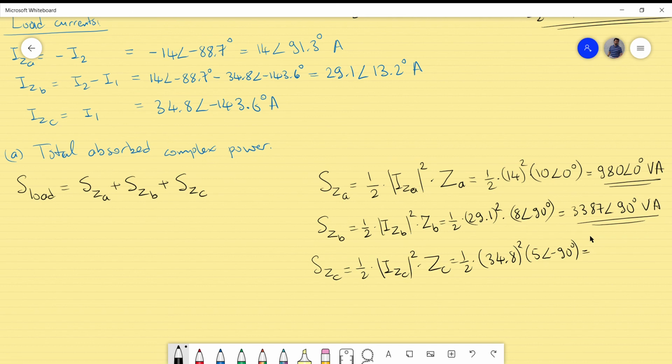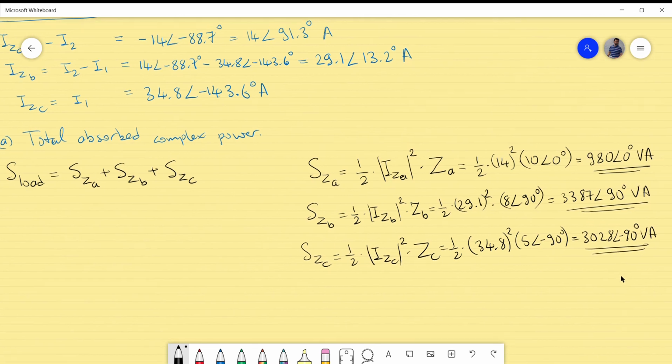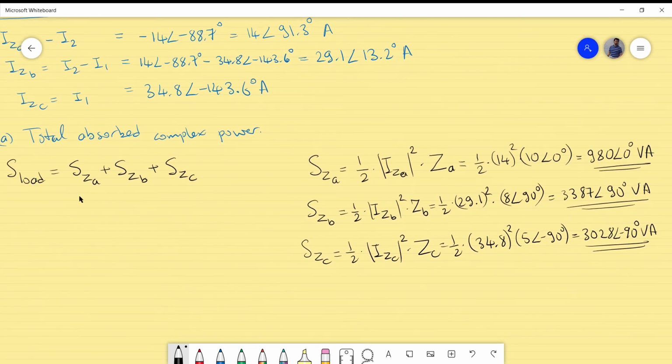So again, you do the math correctly, you will have 3,028 in phase minus 90 degrees in volt amperes. So I have now all of the required values to calculate the apparent power here for the load.